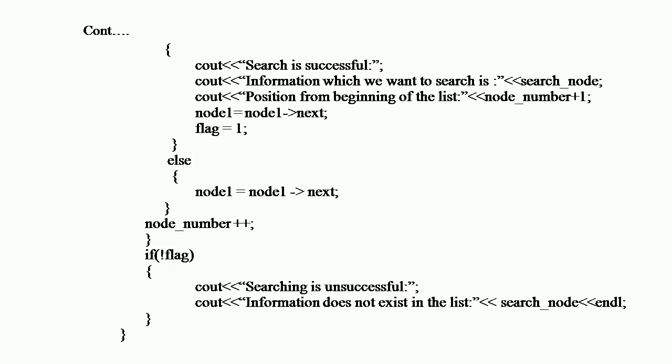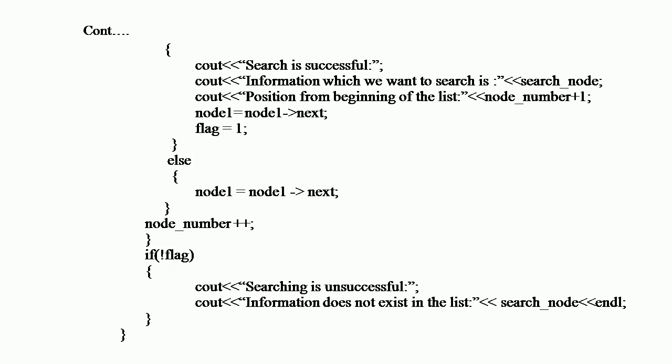If in case you are not finding that element, then your searching is unsuccessful, cout information does not exist in the list, search_node, endl. In case you are finding that element to be not flag, then you are given searching is unsuccessful. This way these three programs are concluded.